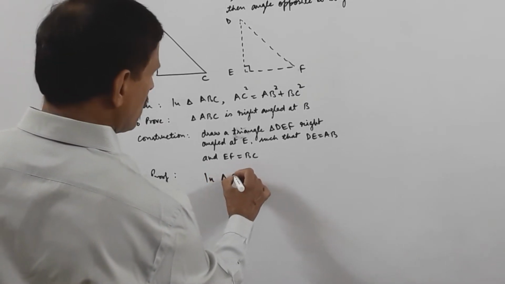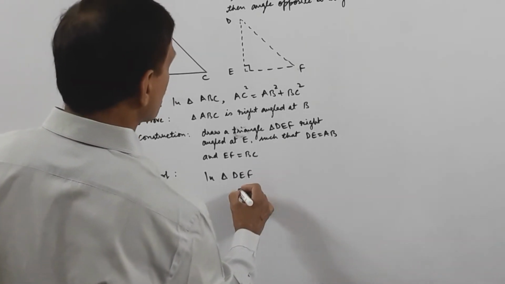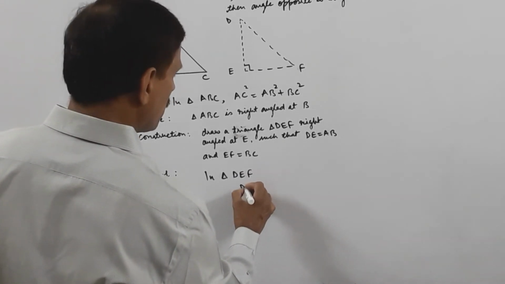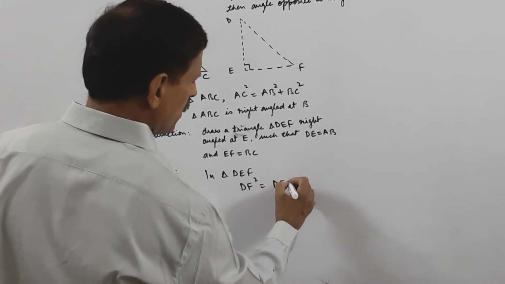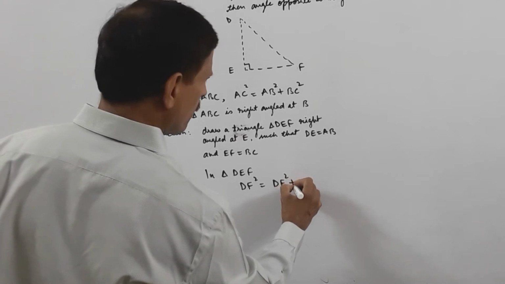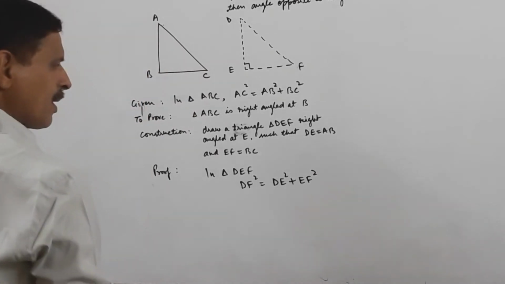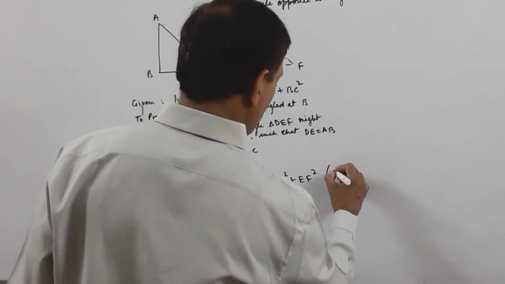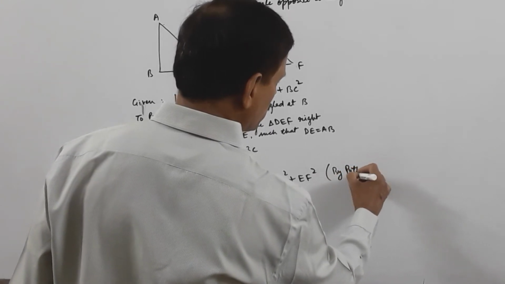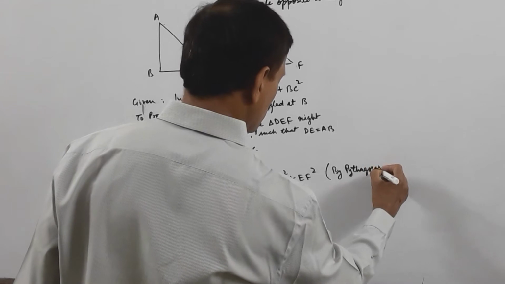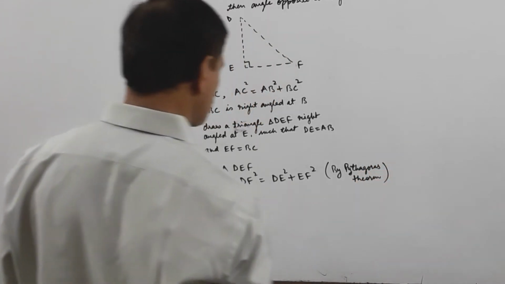In triangle DEF, DF square is equal to DE square plus EF square by Pythagoras theorem.